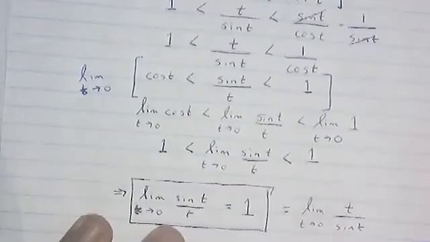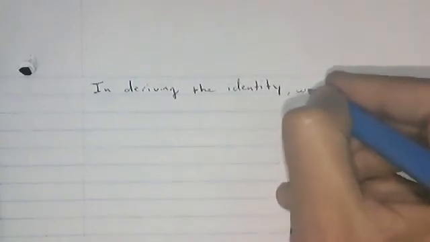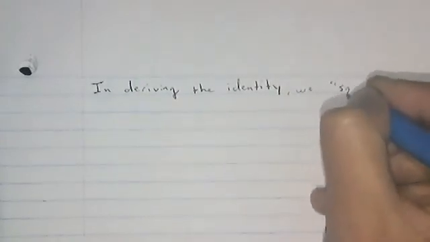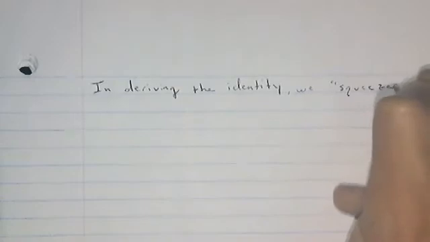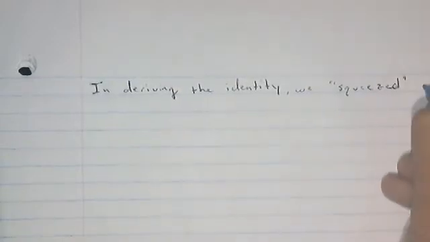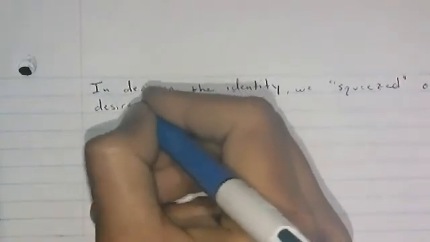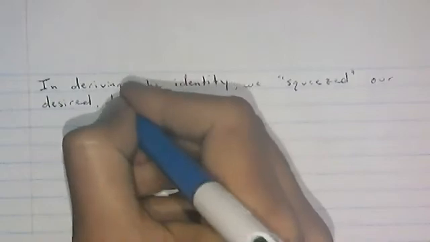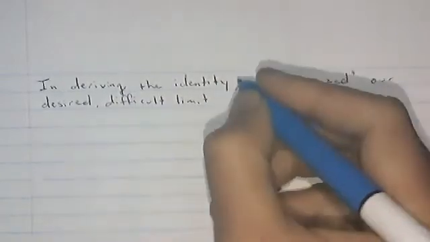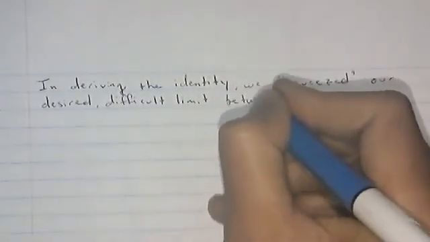Okay, so what we did in deriving the identity, we squeezed our desired difficult limit between two nicer limits.